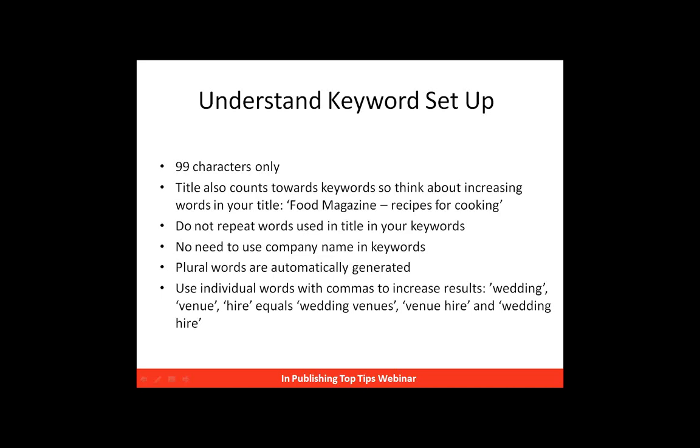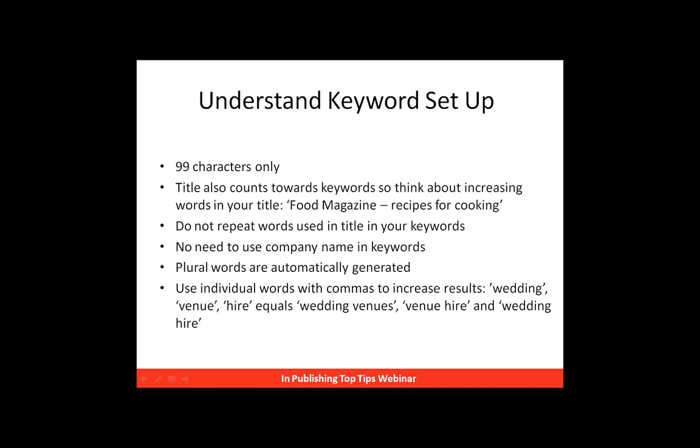So you'll start to see now lots of titles of magazines saying food magazine, recipes for cooking, because now they don't need to put recipes or cooking into their 99 character keyword limit. Don't repeat the words used in your title in your keywords. There's no point in doing that. Your title counts equal to keywords.